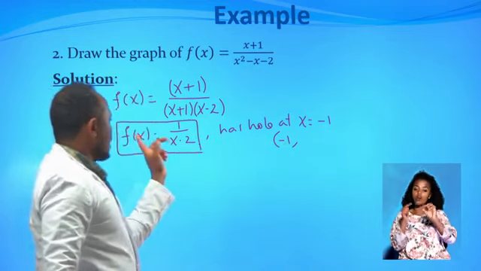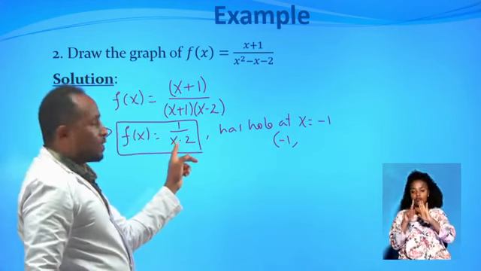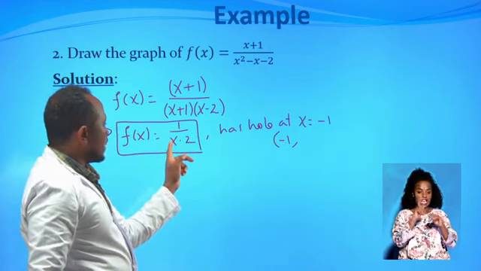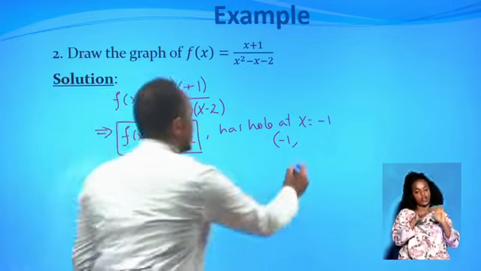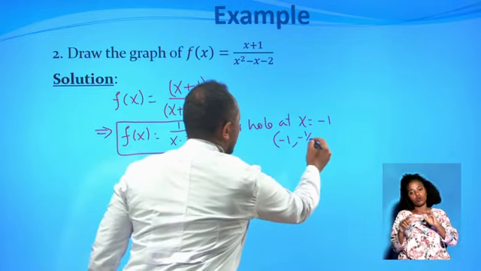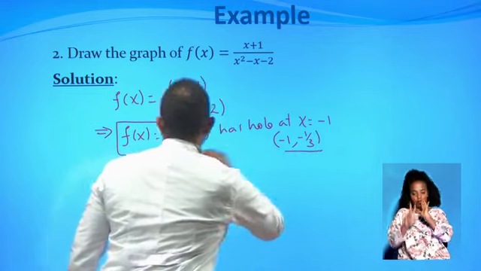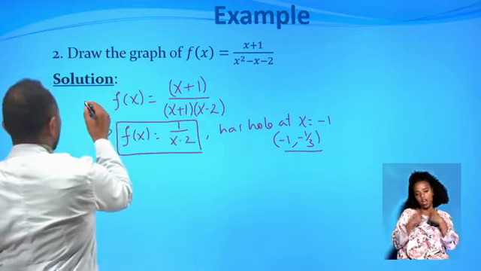Negative 1, comma, when you put negative 1 here, you will have 1 over minus 1 minus 2, which is minus 1/3. It will have a hole at this point.